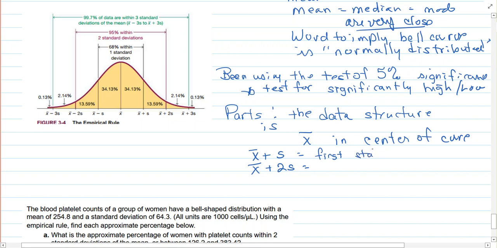I should say one standard deviation above the mean.